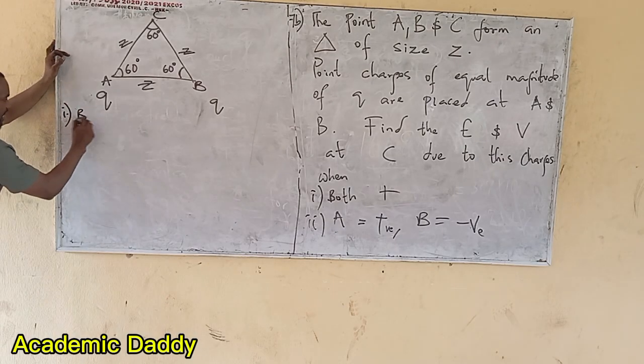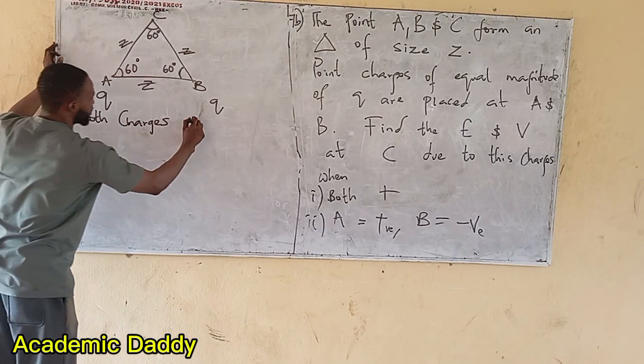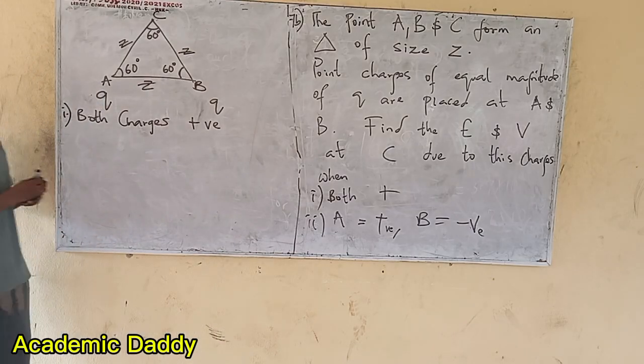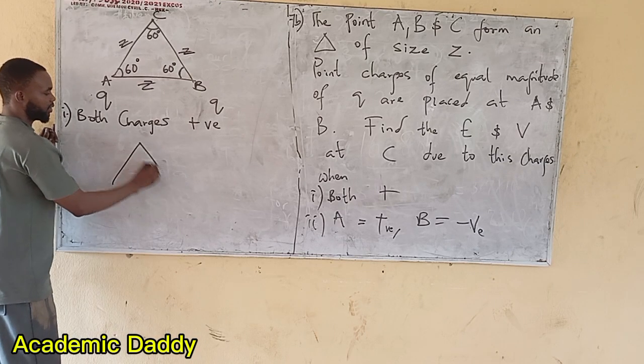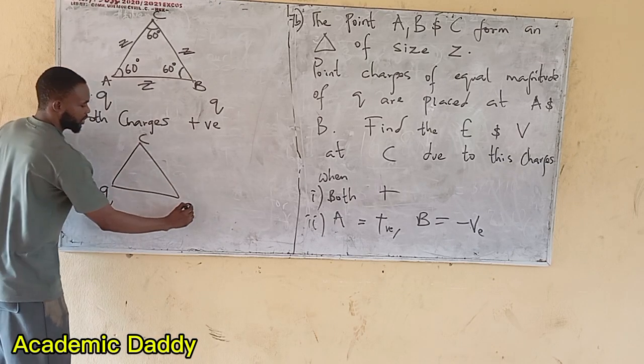Case 1: when both charges are positive, notice what will happen. Please watch something. I will draw this thing. C, Q positive, this place positive.